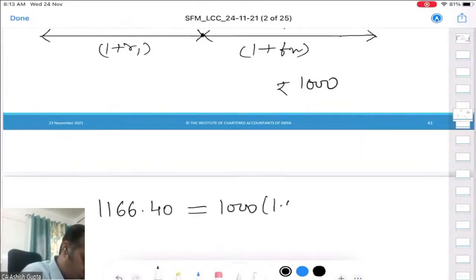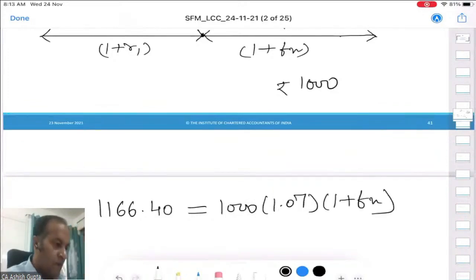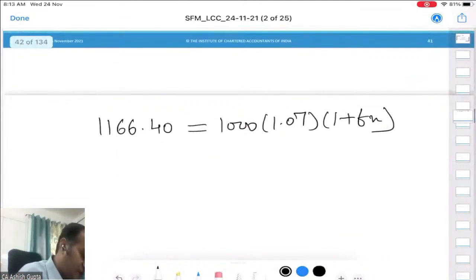Initially, I will invest this money at 7%. Okay, students. So now see how we can compute this value.